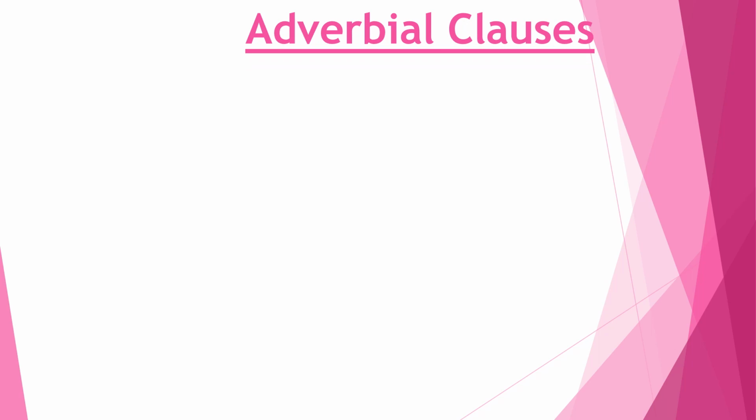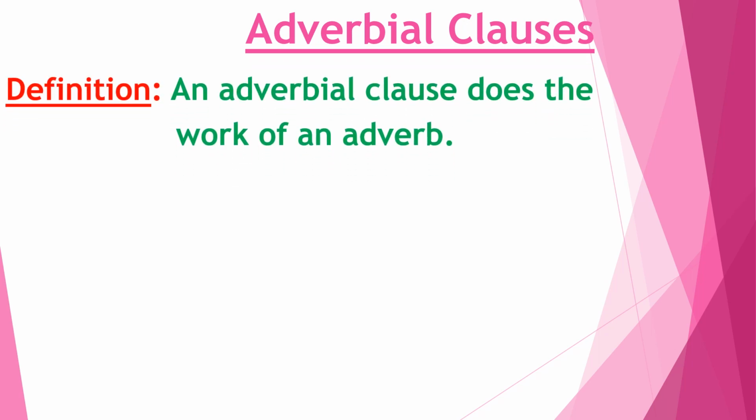Now we should move on to adverbial clauses. Look at the definition. An adverbial clause does the work of an adverb. Remember, an adverb modifies an adjective, a verb or another adverb.